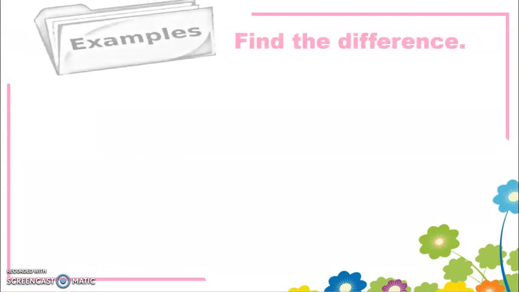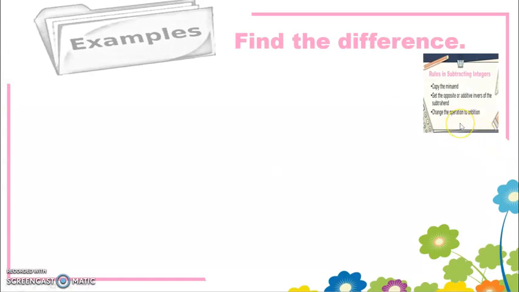So let's have examples. Find the difference. These are the rules nga need natin i-follow. First, copy the minuend. Second, get the opposite or additive inverse of the subtrahend. Third, we have to change the operation to addition.